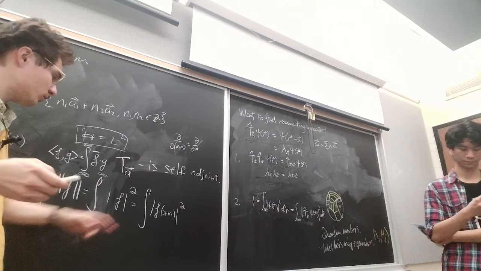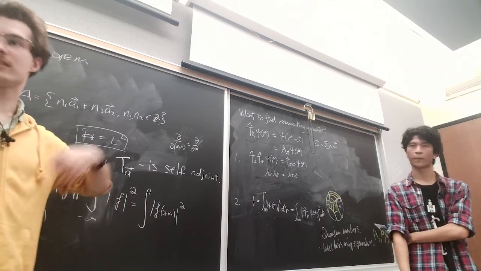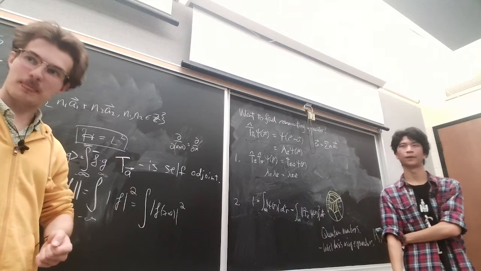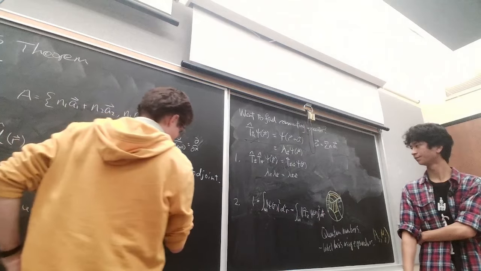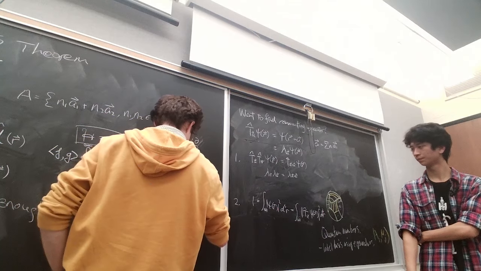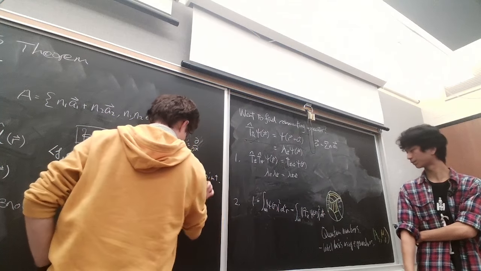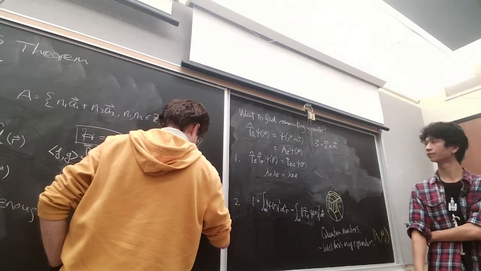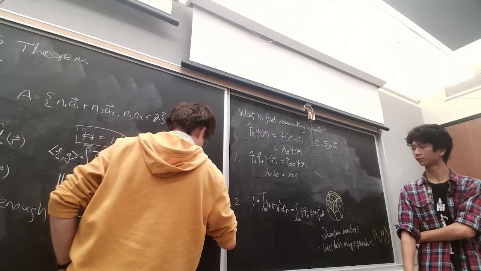Essentially, I do a u substitution where I set u to x plus a, and the Jacobian of that is 1. But this is exactly me computing T_a of f with T_a of f.